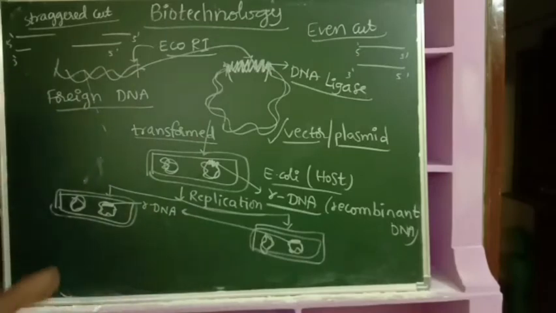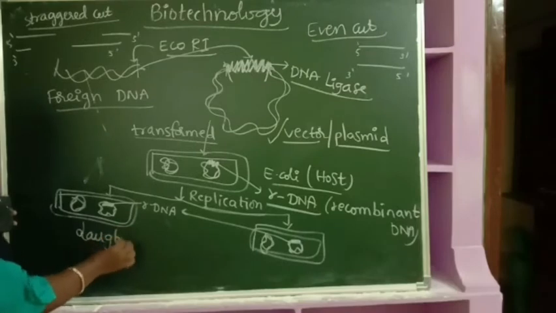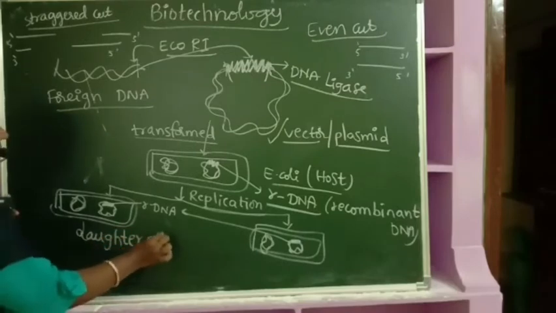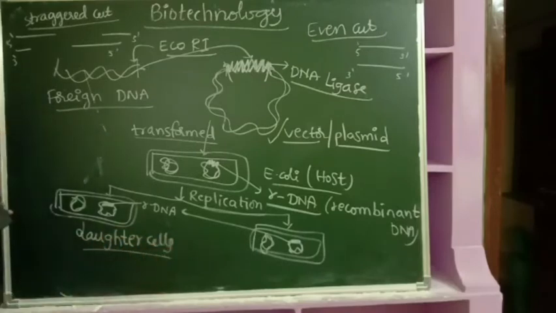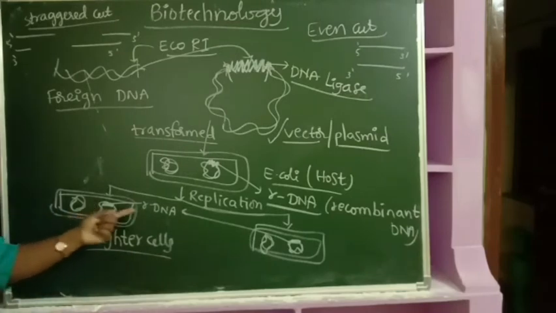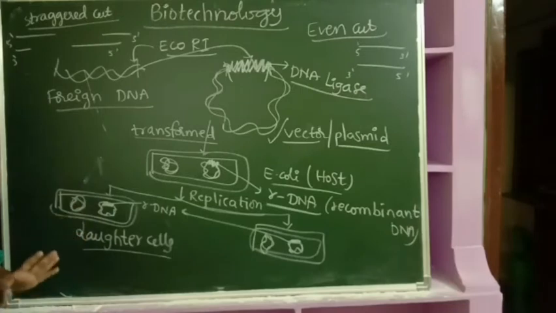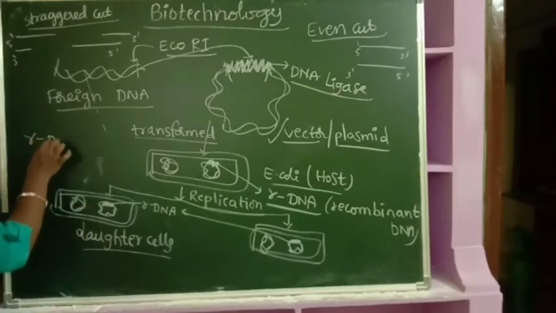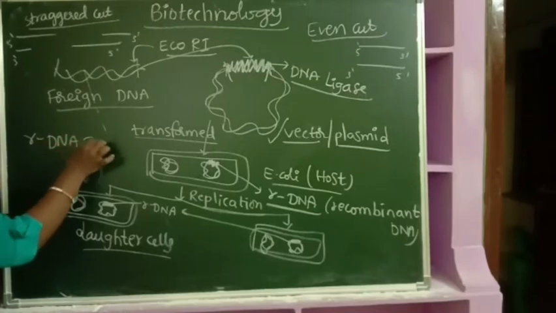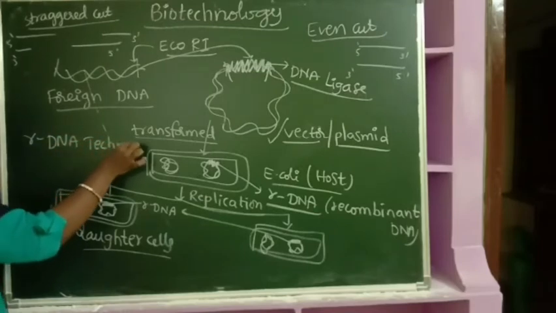These are called daughter cells. These daughter cells further undergo replication and get transferred into the next generation. As they have recombinant DNA, they express new genetic characteristics along with the host genetic characteristics. This is how people go for recombinant DNA technology.